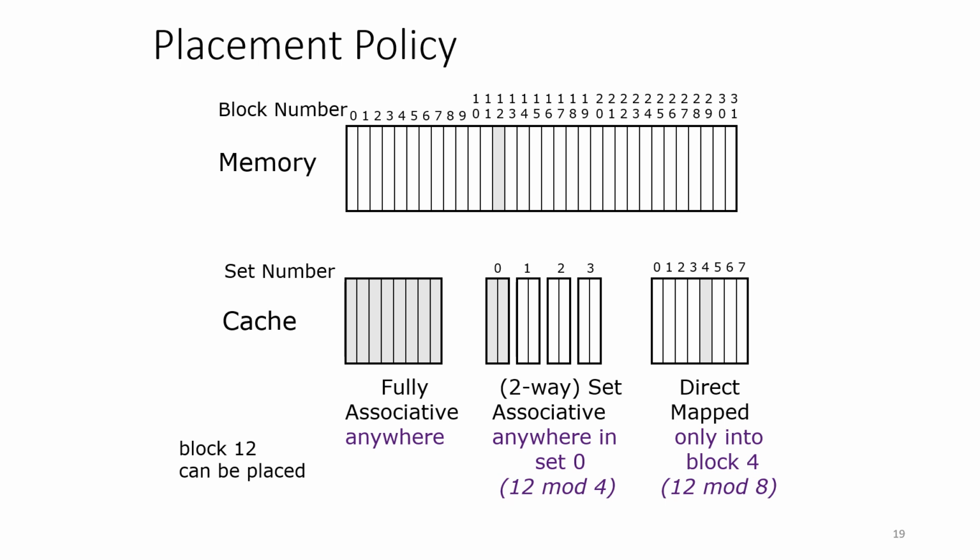In the example, we have 4 sets, which means that we use the 2 least significant bits in the block number 01100, which is 00. Thus, the block is placed in set number 0. Within the set, the block can be placed in either line. Let's now look at how you can implement these in practice.